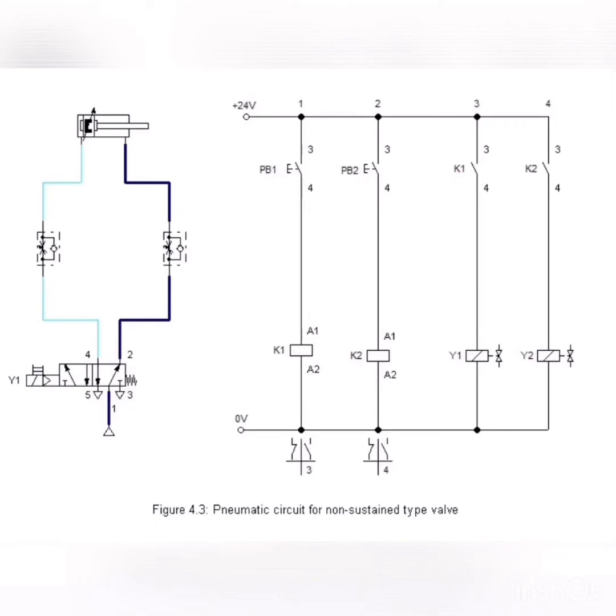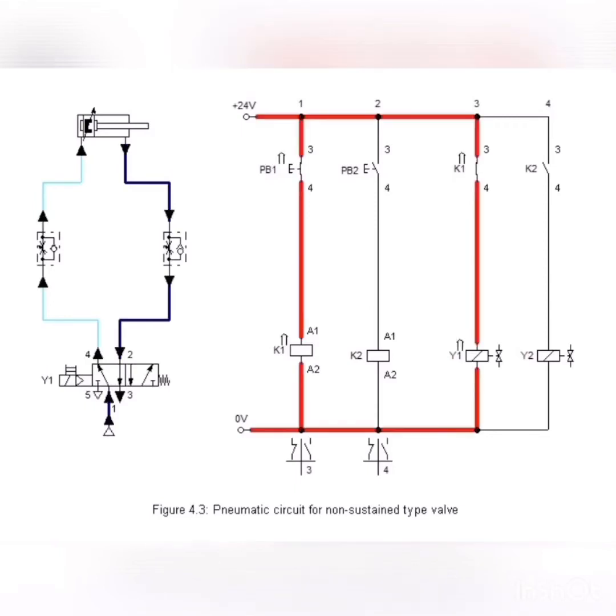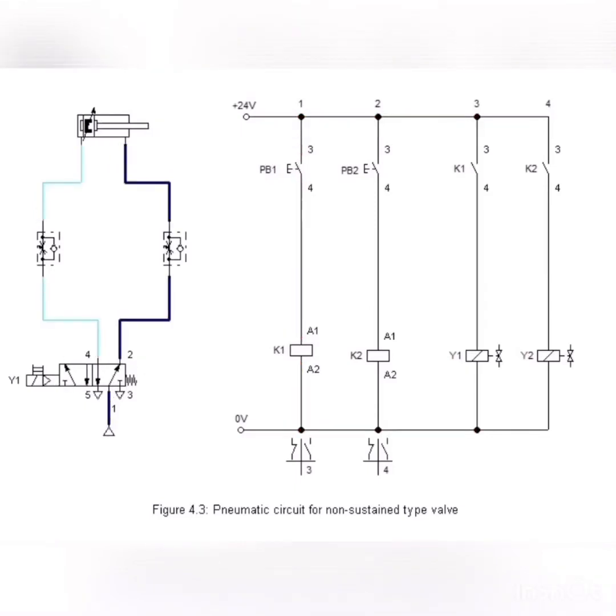The function of the push button acts like an electrical pulse where it will only be activated once when being pushed and it makes the cylinder extend. However, when PB2 is pressed, the cylinder will retract once until the next action is taken. Therefore, we can conclude that the output actuator is non-sustained as it only needs a pulse input to keep it activated.